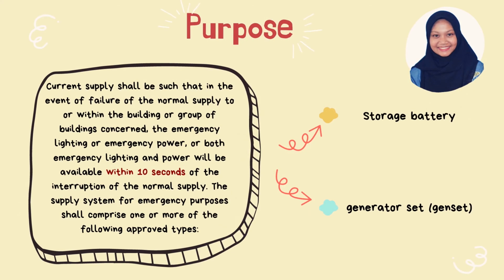My name is Siti Nur Nasuha binti Muhammad Nasir, and I will explain the purpose of emergency supply. The supply shall be such that in the event of failure of the normal supply to or within the building or group of buildings concerned, the emergency lighting or emergency power, or both, will be available within 10 seconds of the interruption of the normal supply. The supply system for emergency purposes shall comprise one or more of the following approved types: storage battery and generator set.